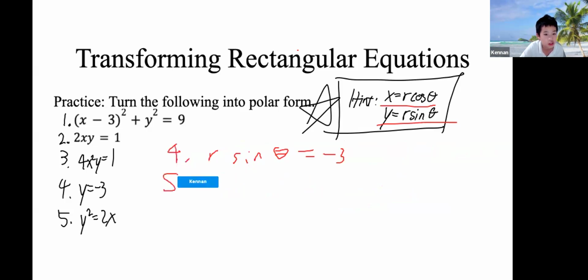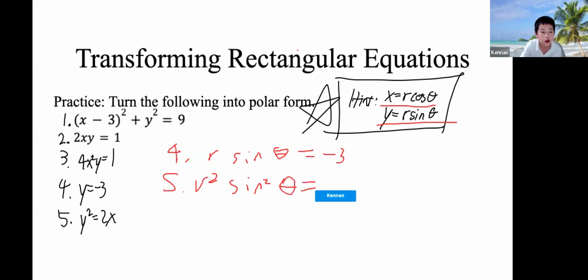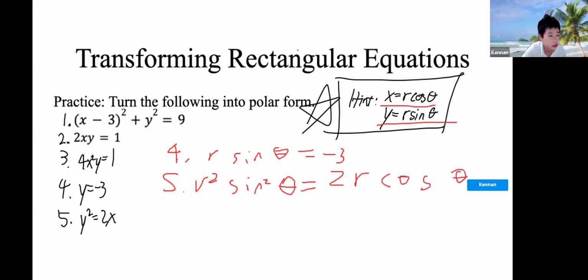And then 5 is also simple. This is y squared equals 2x. So basically y squared, we get r squared sine squared theta. So we have r squared sine squared theta equals 2 of x, which is 2r cosine theta. I think that's right.